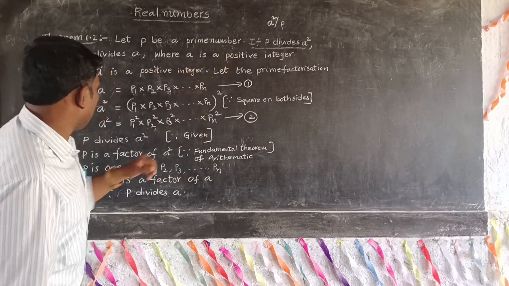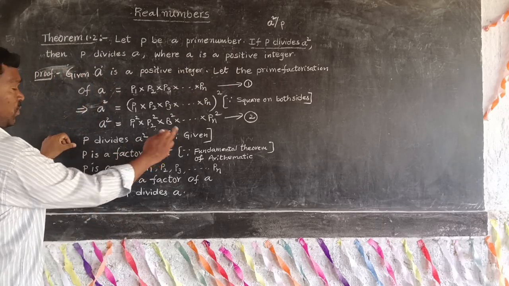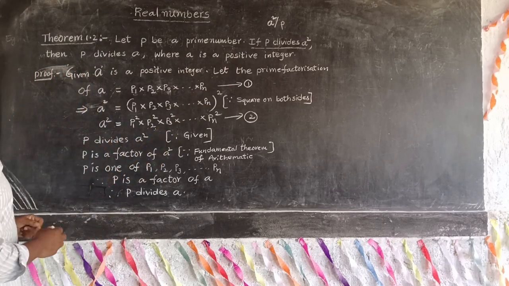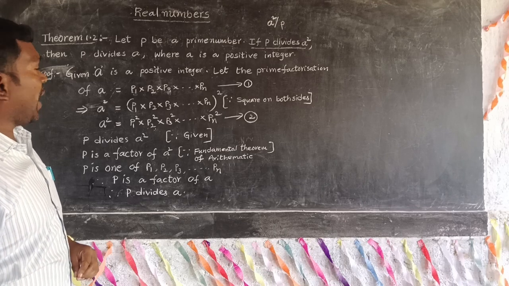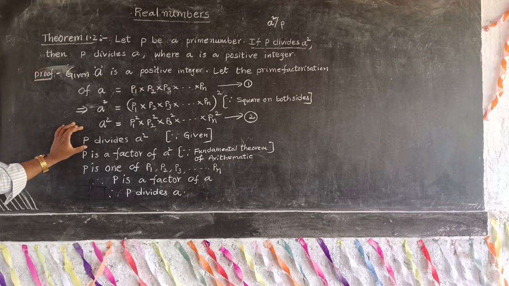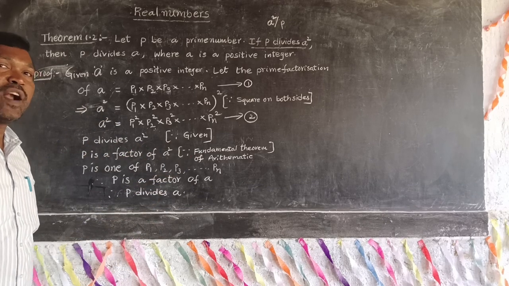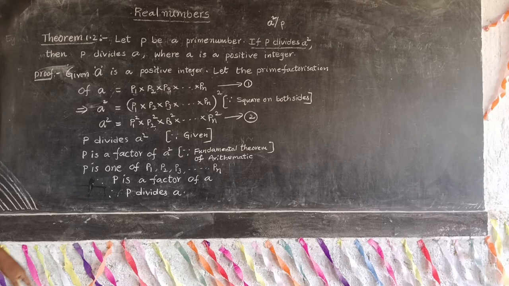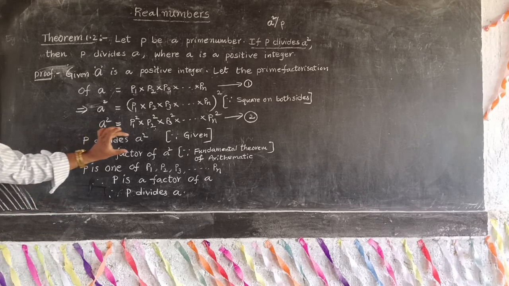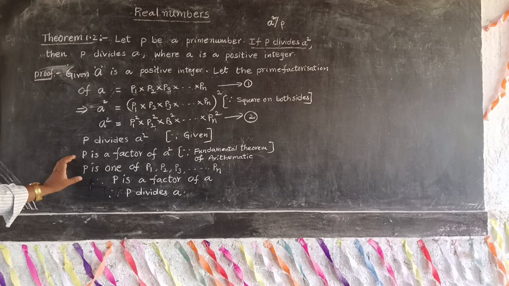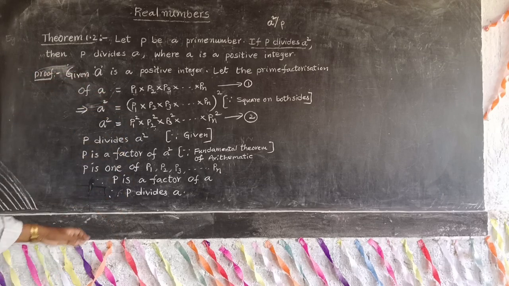Given that P divides A square, P is a factor of A square. According to the fundamental theorem of arithmetic, if one number divides another number, the first is a factor of the other. So P is a factor of A square, that means P is one of P1, P2, P3 and so on Pn.